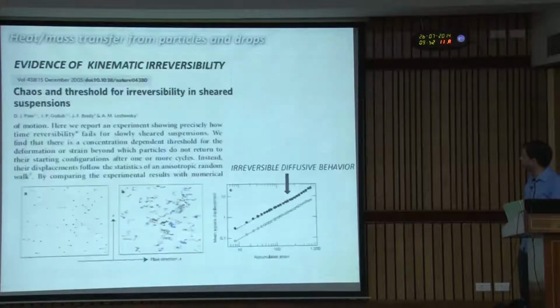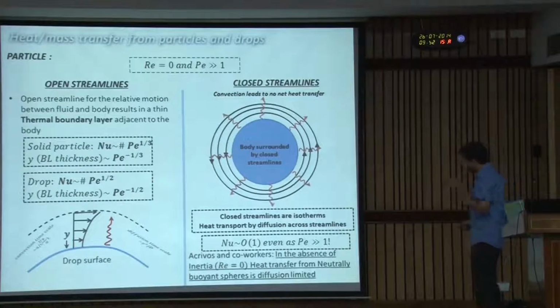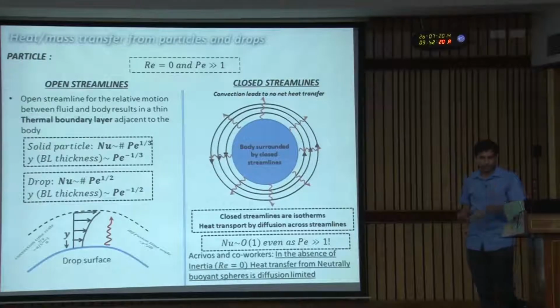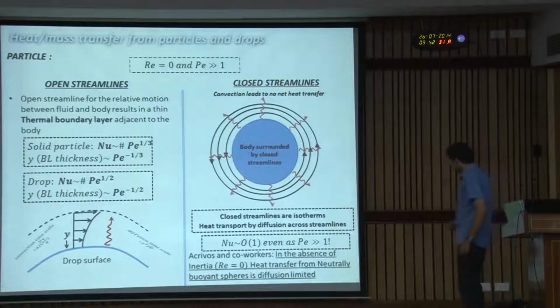So, it becomes a more complicated diffusion problem, but what you can say is that the Nusselt number will not depend on Peclet. It was 1 for a sphere in the absence of flow. It will again be some order 1 number for this case, except that order 1 is related to the geometry of these closed streamlines. So, even when Peclet is much greater than 1, provided Reynolds is 0, and this is important, the Nusselt number will not grow with Peclet, and will instead saturate at an order 1 value.